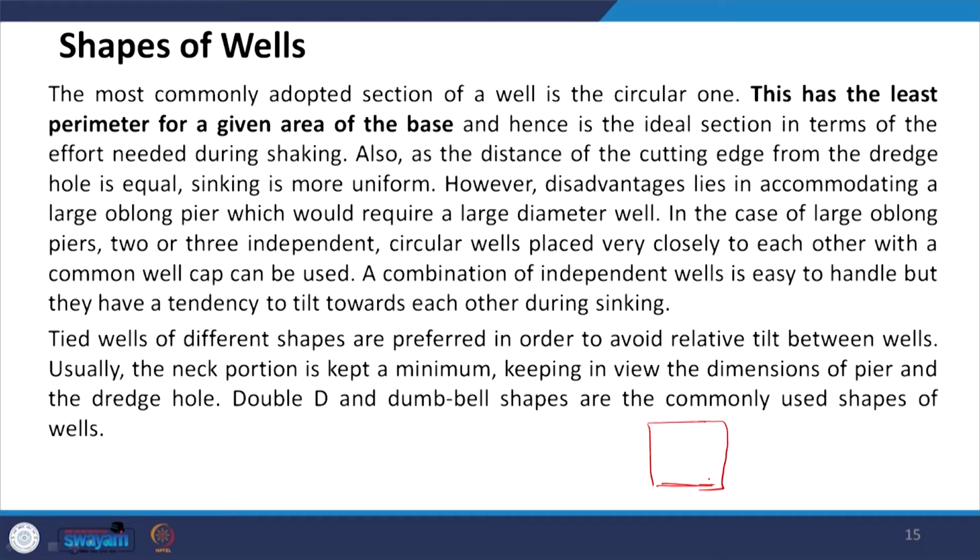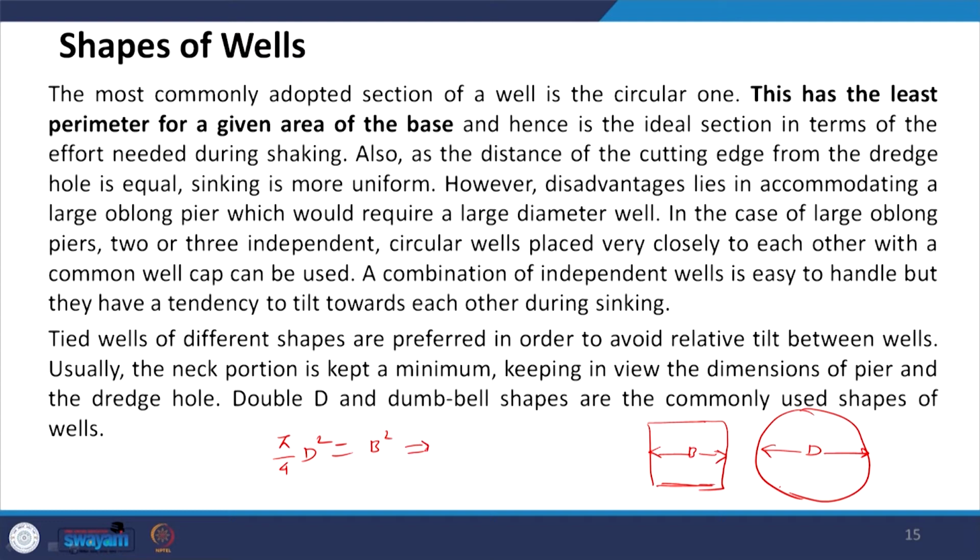So, let us say this is a square of side B, and then you have a circle. If you want to keep the same area, the diameter of the circle will be higher than B. Let this be D, so D will be higher than B. You can work out that the area pi by 4 D square is equal to B square.